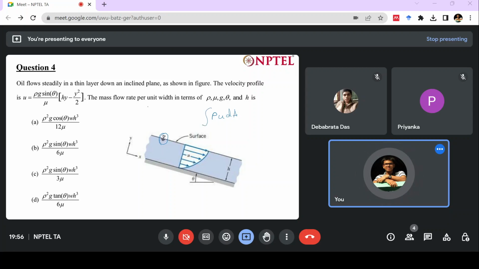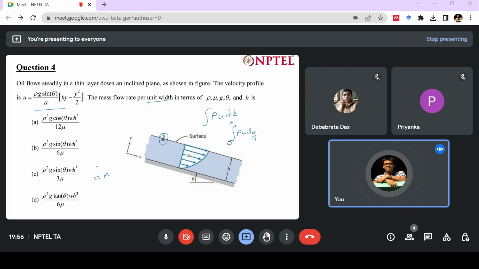Now, since it is given per unit width, what we have here is basically rho u dy, because the width is unity and it's not varying across that direction. It's a two-dimensional flow. So we have to integrate from 0 to h. U's expression is given, so we can simply put that expression. I will carry it forward here. I'm taking everything out which is not a function of y.